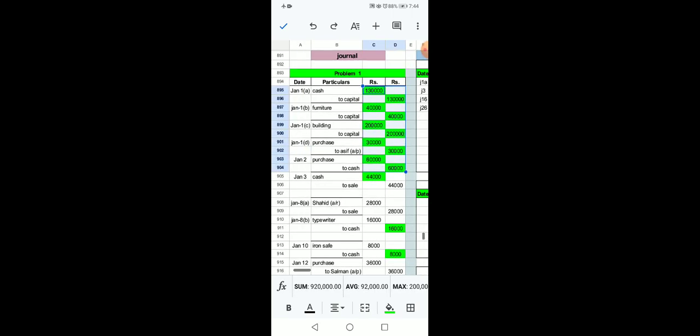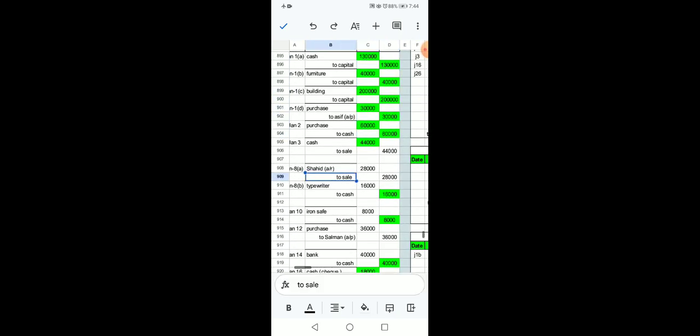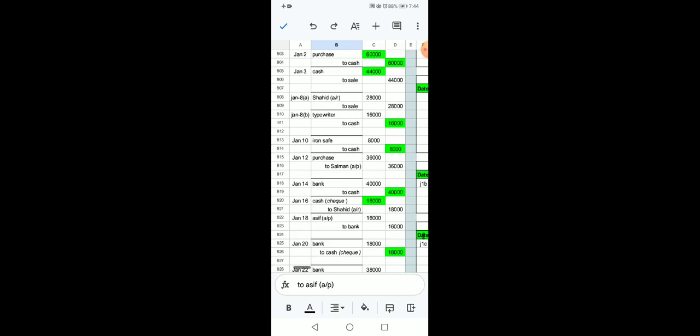Now you can see from the first entry to somewhere the entry of January 2, both postings debit and credit have been completed and we will be doing the same thing for the rest of our question. Several entries are still vacant. We are making Asif's ledger. Let's see if Asif is present in any other entry.